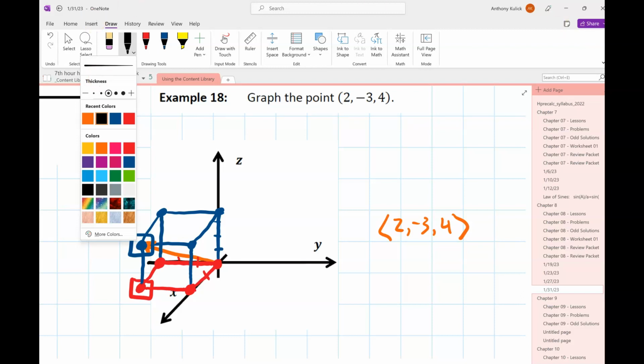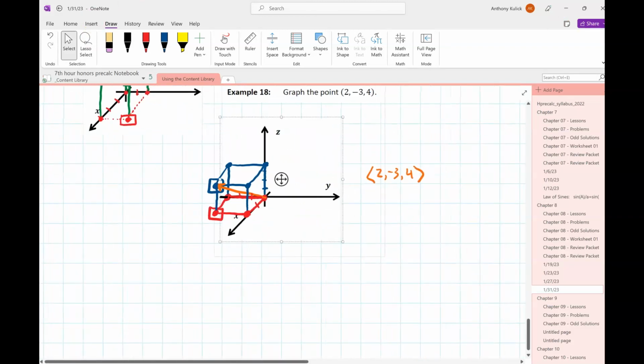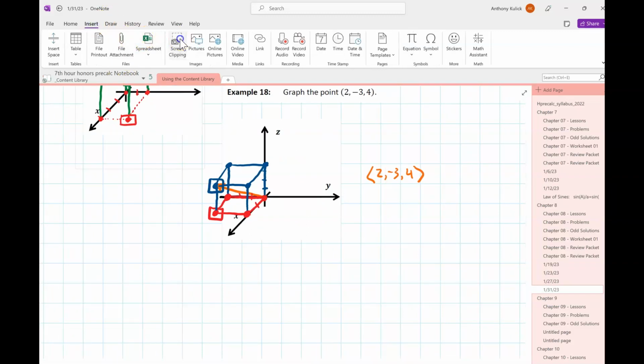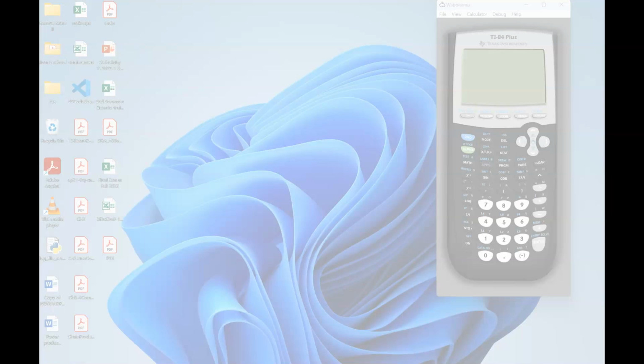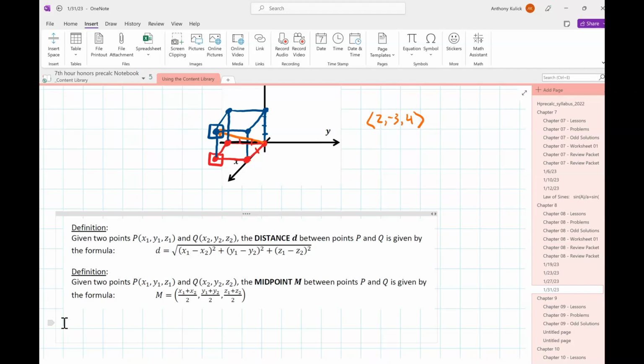The last thing I want to talk about is doing some basic calculation in 3 dimensions. So what I want to do is extend our definition of distance and midpoint to 3 dimensions. And it's actually a really easy conversion, because all we do is take the distance formula and add a third component for the z component.